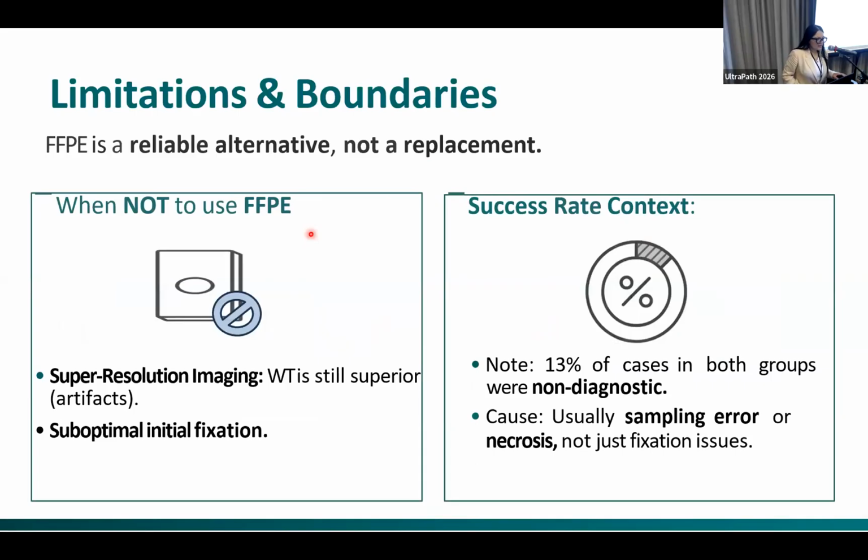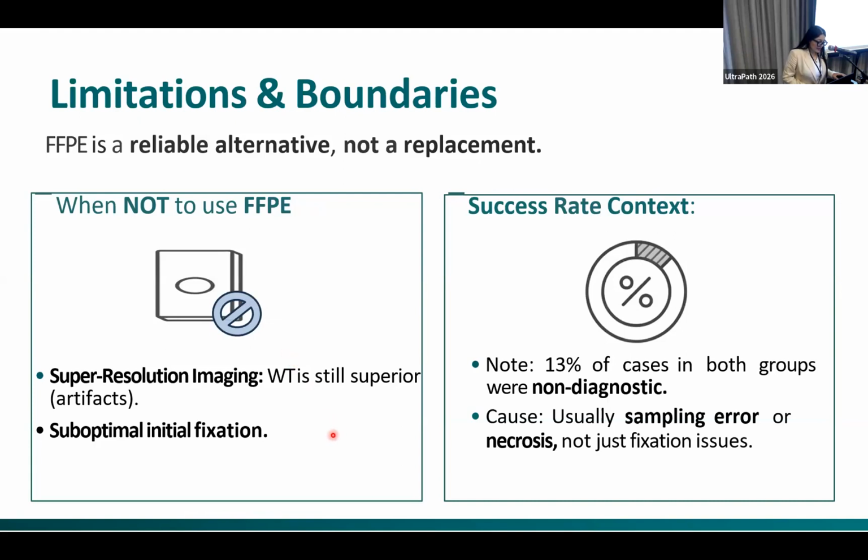But we must be realistic. The processing of the FFPE is an alternative, but it's not a replacement. For example, when the imaging resolution is mandatory for the diagnosis, we must not diagnose in this tissue.